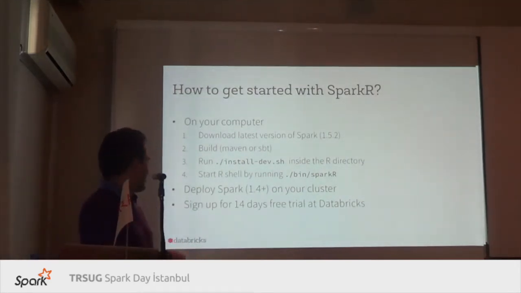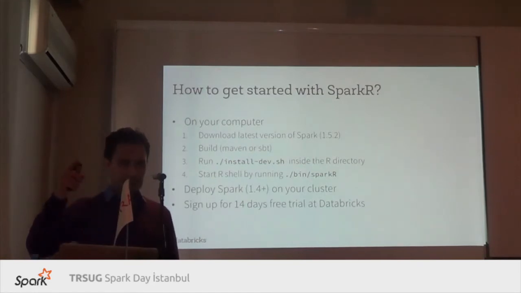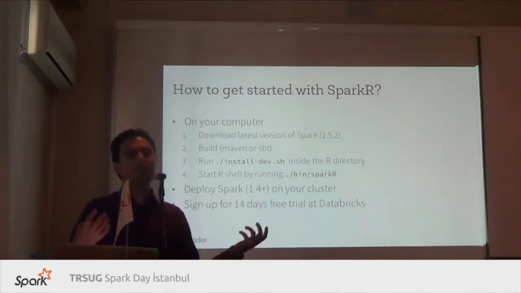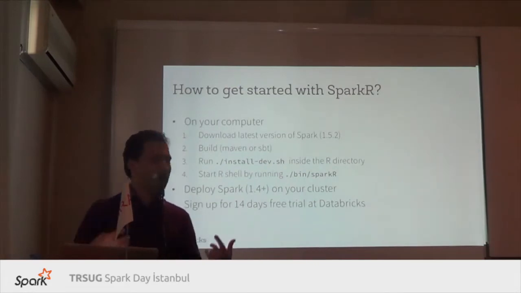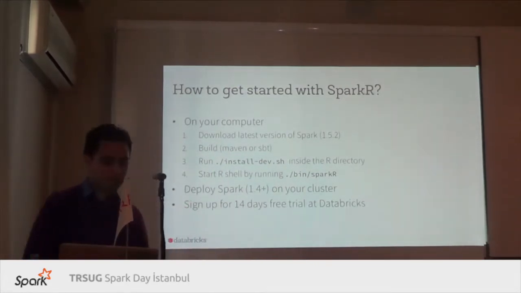Go into that directory and then you build your Spark using either Maven or SBT. I use SBT. That would be sbt/sbt assembly. What it does, it compiles all of Spark's code and then creates an assembly jar file, or what's called a fat jar file. That's like a jar file that contains all of Spark's binaries.